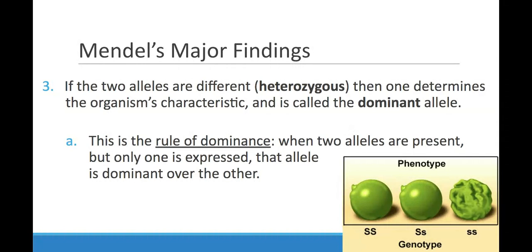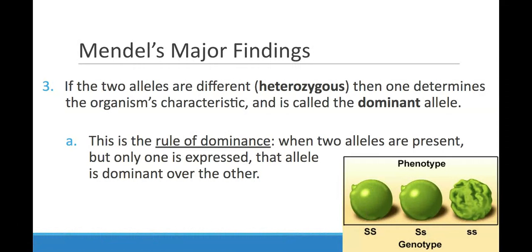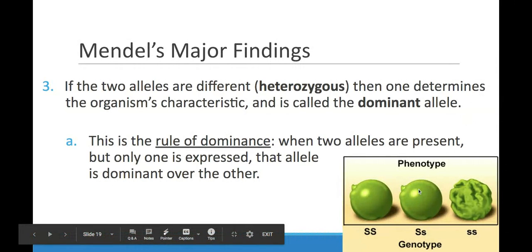And for most genes, one of the two alleles is going to be dominant. In the bottom right here, we see an example where round is dominant to wrinkled. Round is represented with a capital S and wrinkled is represented with a lowercase s. We can see that each P has two alleles for each gene like we would expect. If we have two big S's, so two round alleles, the seed will be round.